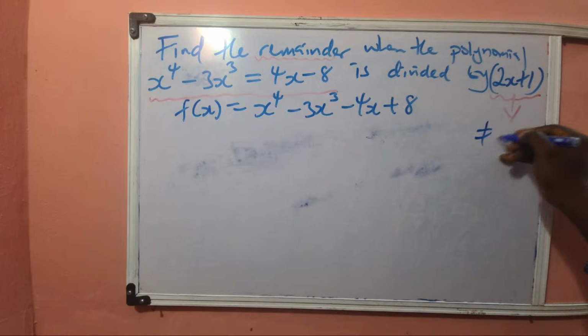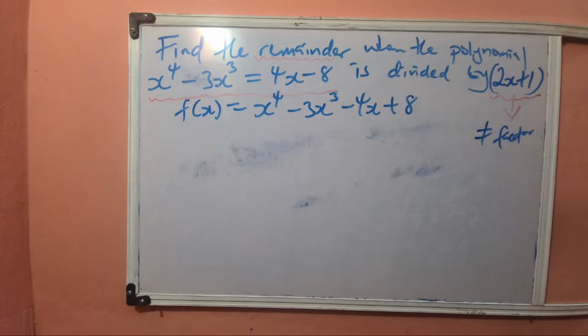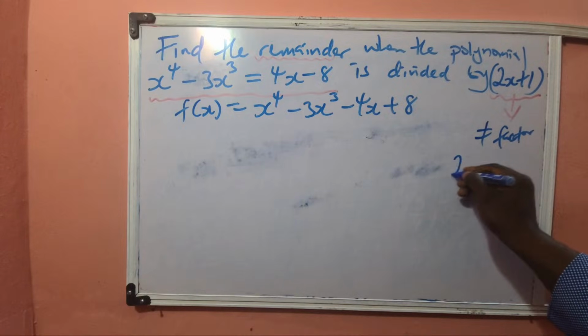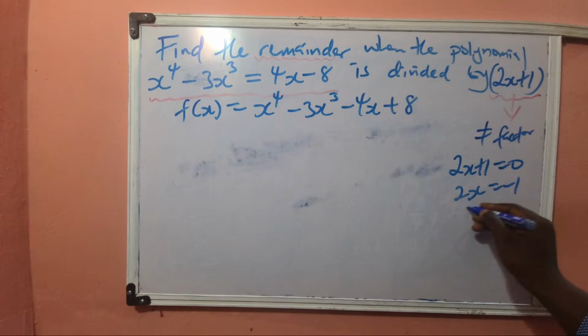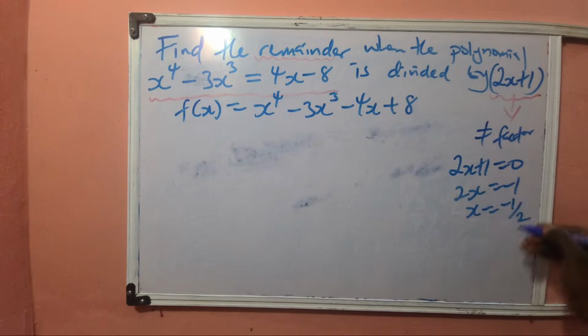This is not a factor, because if it was a factor, you would not have a remainder. All right. Now, the other thing I told you based on remainder theorem is that when you fix in your value of x, in this case 2x plus 1 equals to 0, 2x equals to minus 1, x equals to minus 1 over 2.